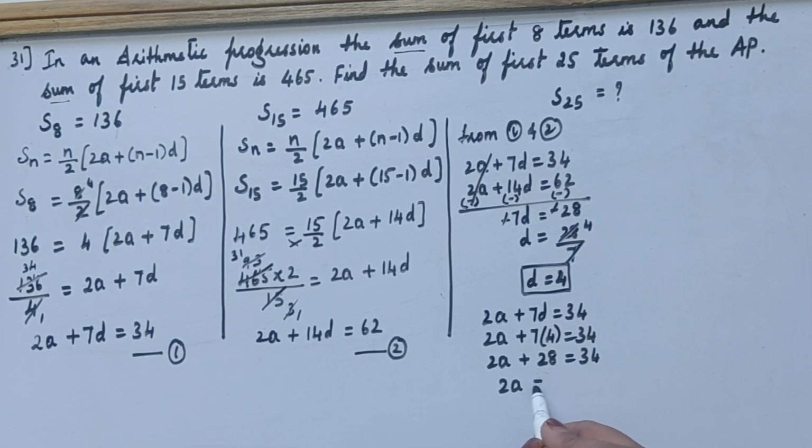So 2a equals, after equals to we have got 34, we'll take it to other side. It becomes minus 28. So 2a equals 6 we get. a equals 6 upon 2. 2 threes are 6. Therefore a equals 3. We get a equals 3.